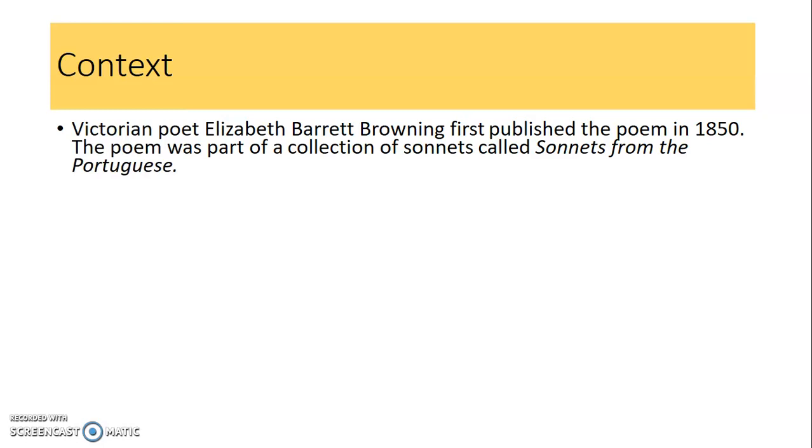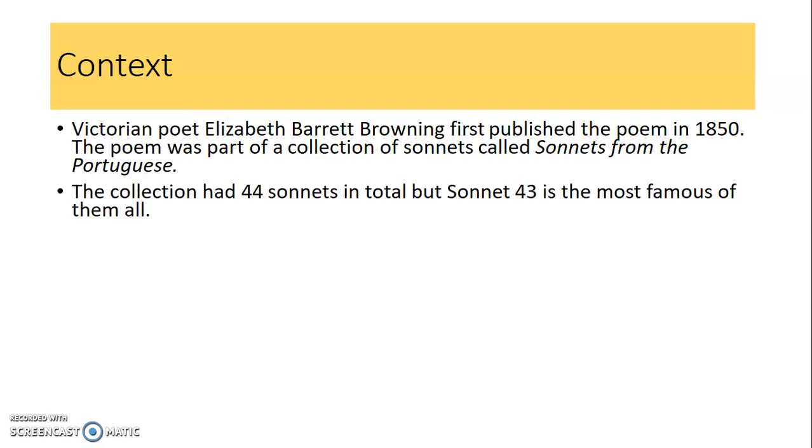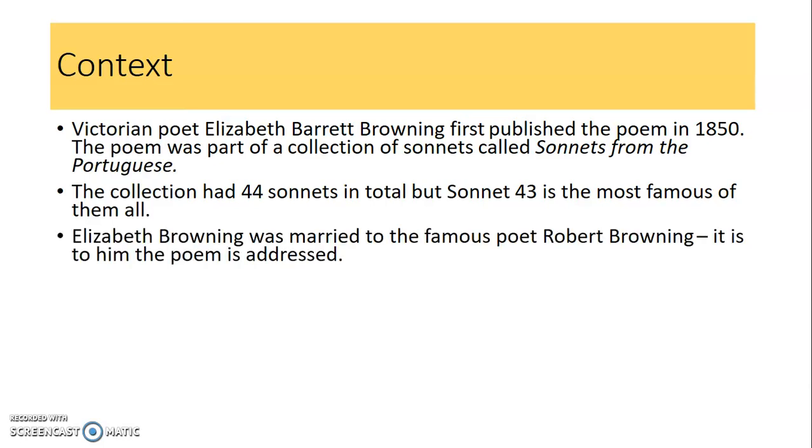She first published this poem in 1850. And it was part of a collection of sonnets that she'd written, and they were published in this collection, which was called Sonnets from the Portuguese. So the collection actually had 44 sonnets in total, but Sonnet 43 is the most famous of them all.